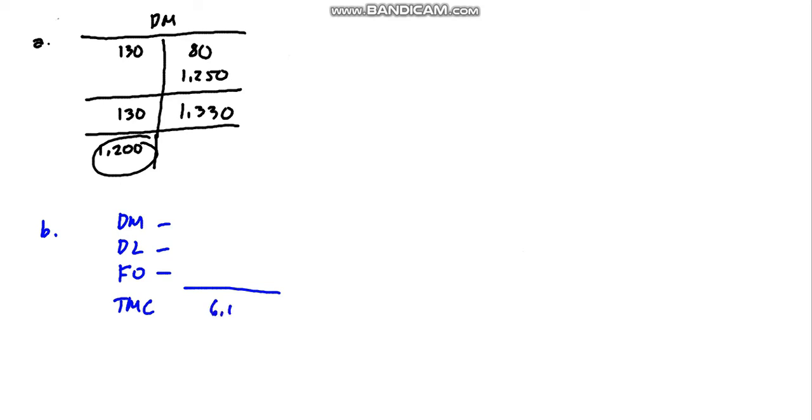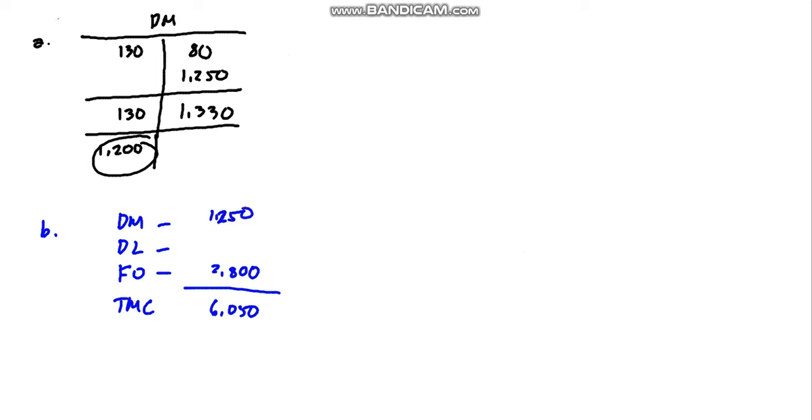So we work back. Factory overhead, manufacturing overhead applied is 2,800, and the direct materials used in production is 1,250.